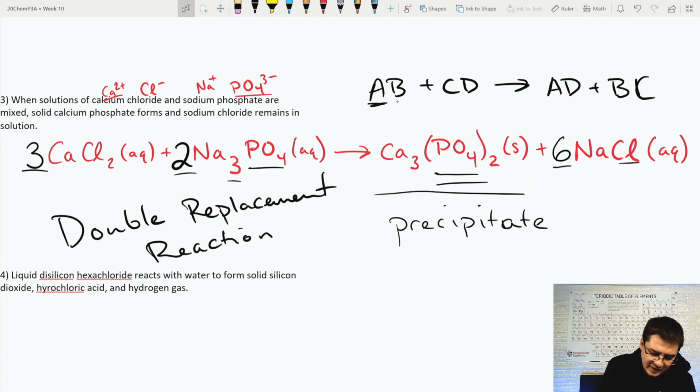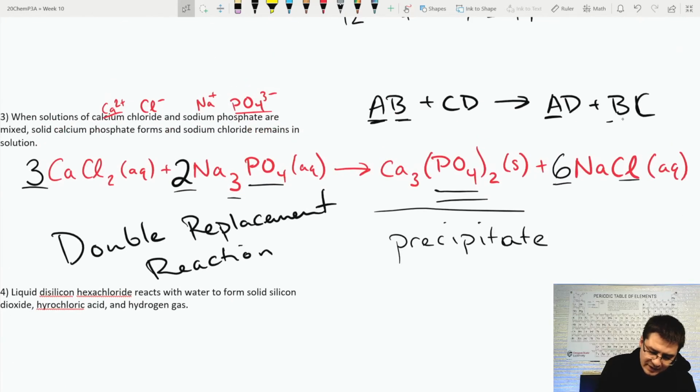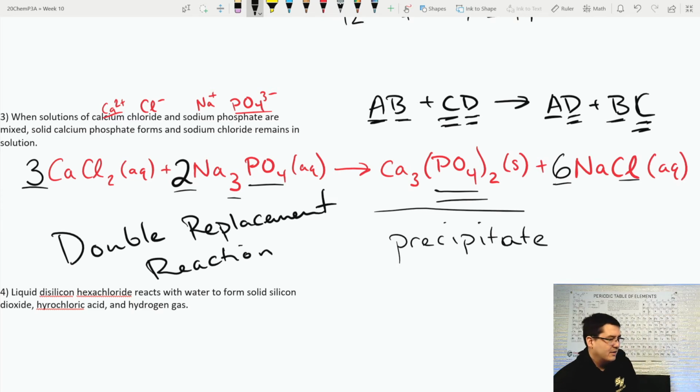So you can see A and B were partnered up, but now A and B are split apart. C and D were partnered up, but now C and D are split up. So they switch partners, or swap partners, and that's typical of a precipitation reaction.